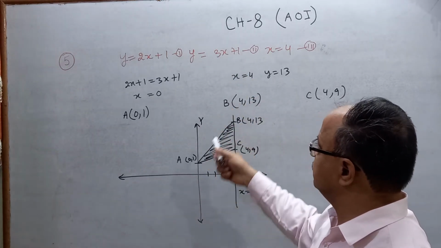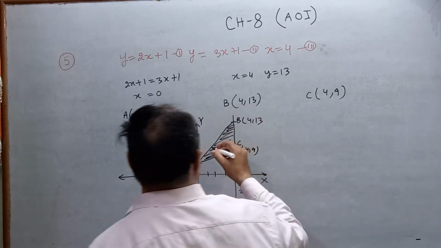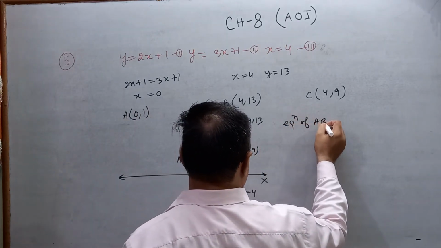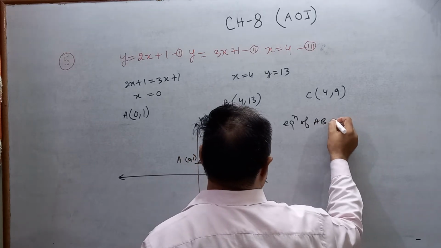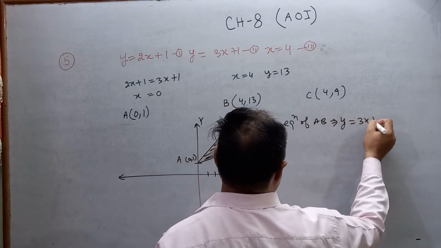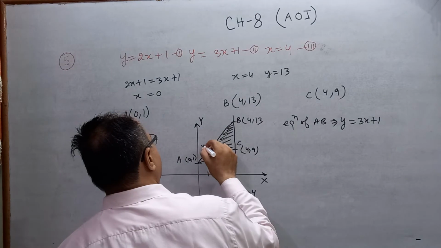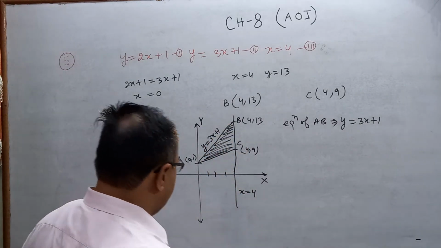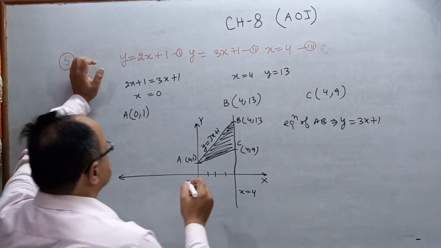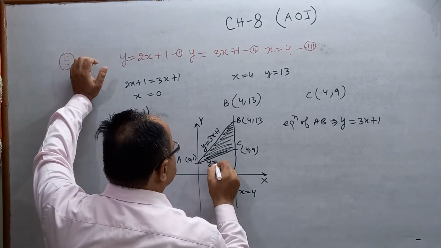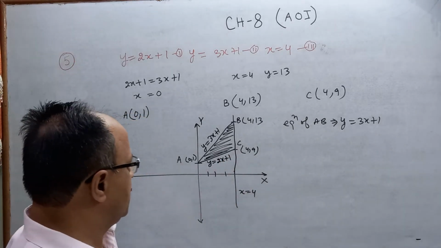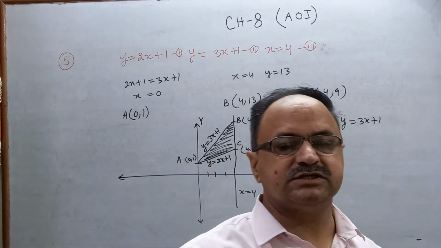It means the equation of AB is y is equal to 3x plus 1. And the third equation, that is AC, is y is equal to 2x plus 1. Clear? Because the equation of BC is x is equal to 4.